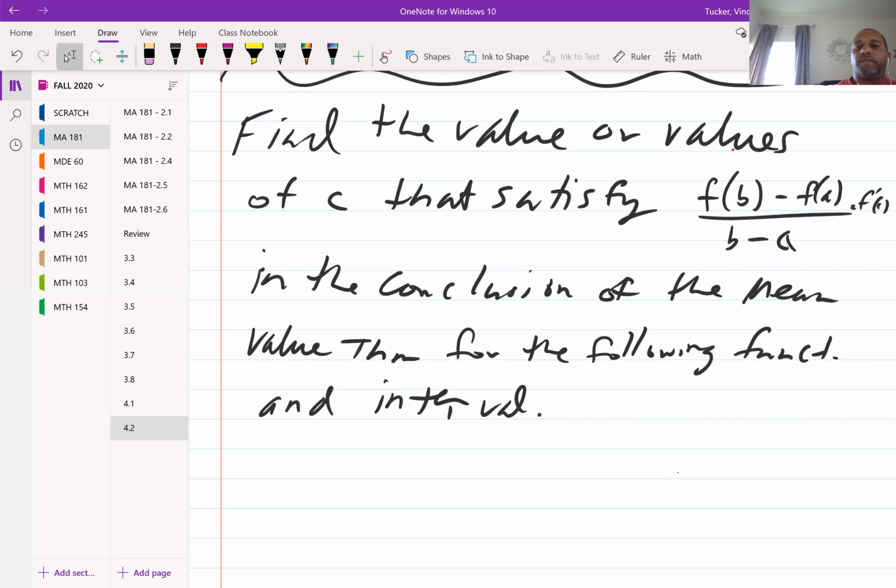All right, so the directions: find the value or values of C that satisfy f of b minus f of a over b minus a equal to f prime of C. I ran out of room over there. In the conclusion of the mean value theorem for the following function and interval.